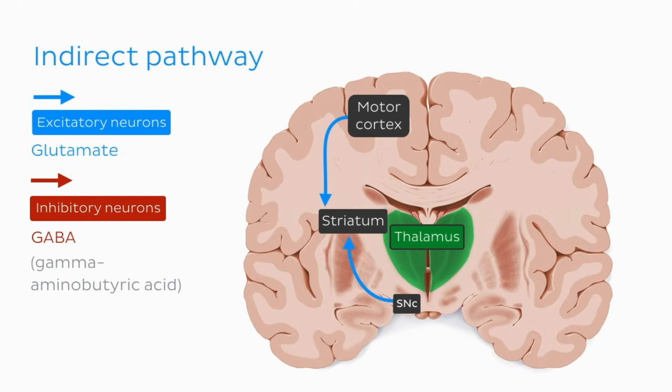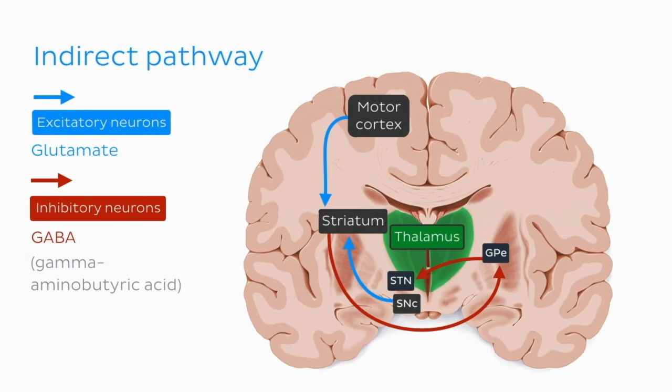So an inhibitory signal is sent to the external globus pallidus rather than the internal globus pallidus, like in the direct pathway. Again, the neurotransmitter in action is GABA. Instead of having a direct connection to the thalamus in a resting individual, the external globus pallidus sends a constant inhibitory signal to the subthalamic nucleus.